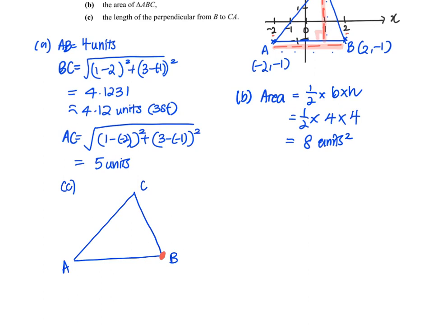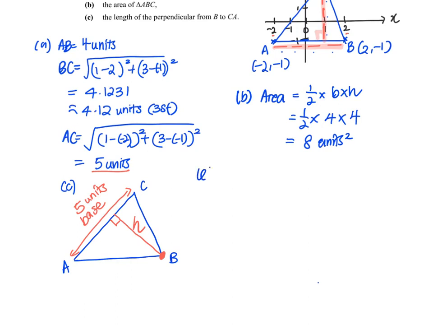When you want to be perpendicular to the line AC, how do you travel? You need to move in such a way that is 90-degree perpendicular to it. If this is perpendicular to it, that means AC will now be the base of your triangle. And we know the base here, AC, is 5 units. In that case, what is the height, which is this perpendicular distance from B to AC?